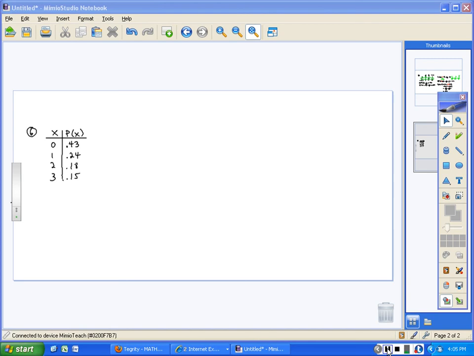And to get the mean of a probability distribution, the formula is in the Chapter 5 box. It is the very first formula in the Chapter 5 box. And it says mean, and then in parentheses it says probability distribution. So let's see.